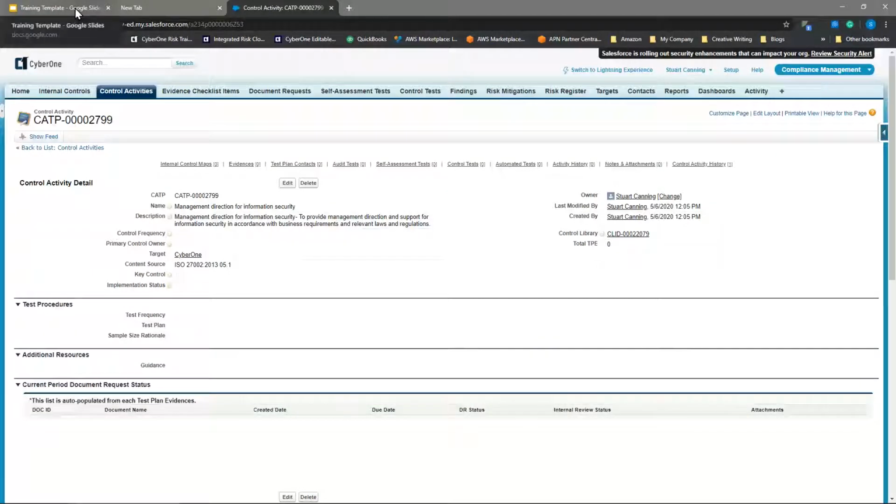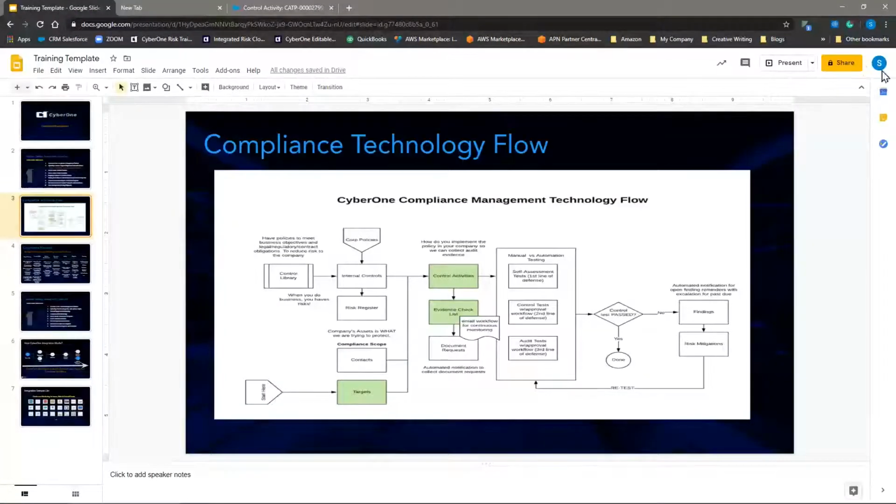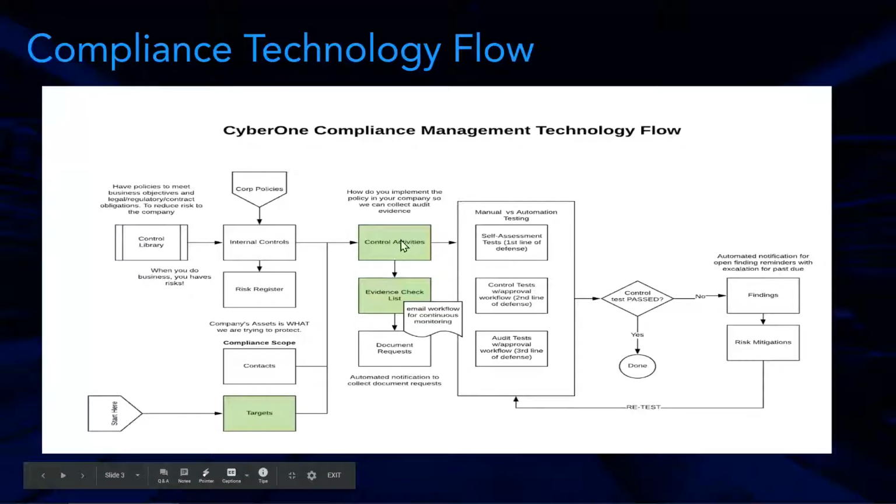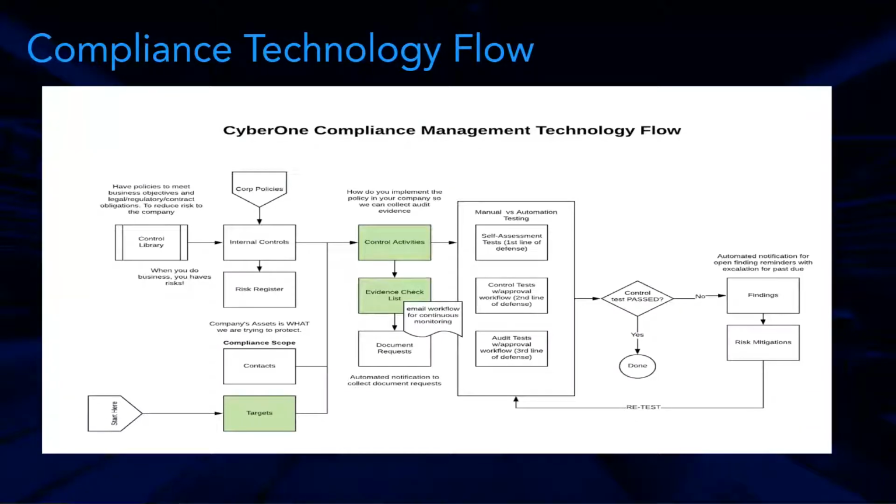If I go back to my workflow slide for a second, you can see that now we're here, and we can add our evidence checklist and begin our document request protocol. So let's go back into the management platform and just take a quick look at that control activity record.